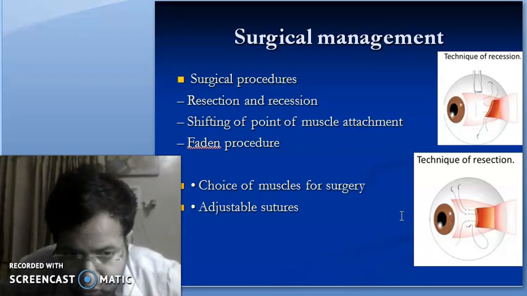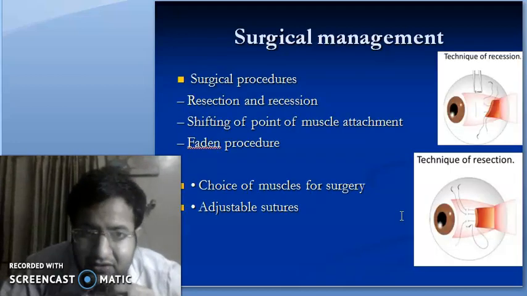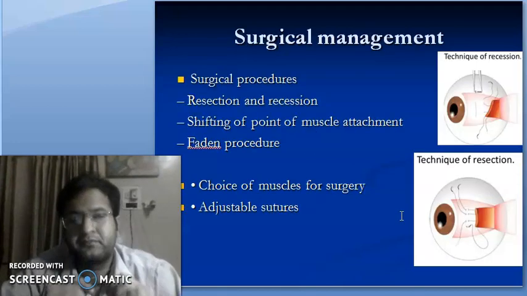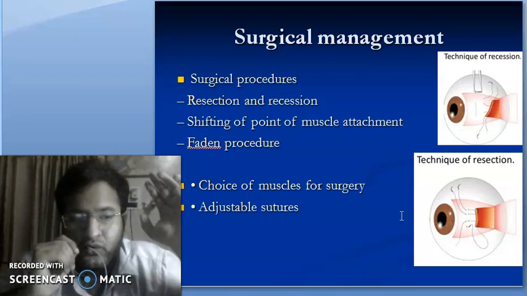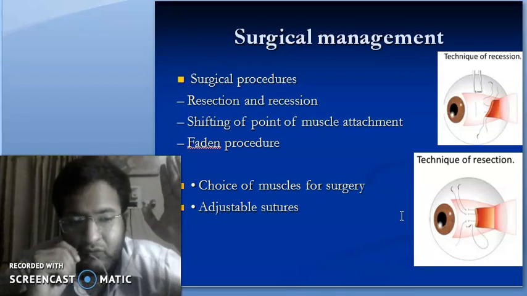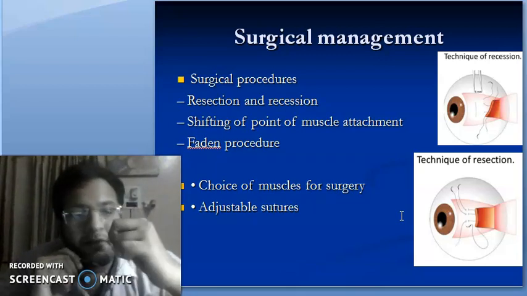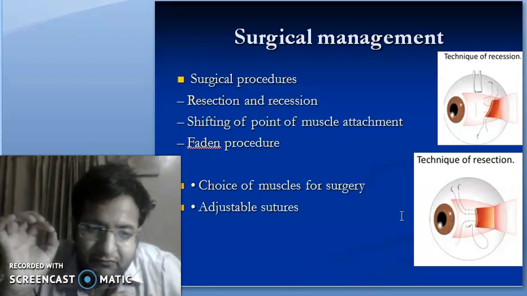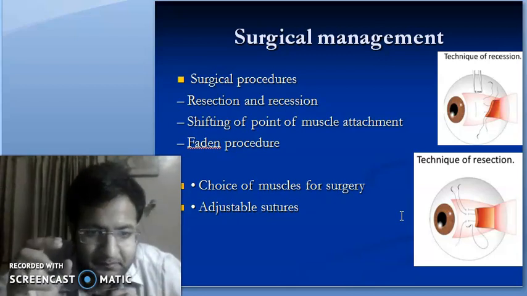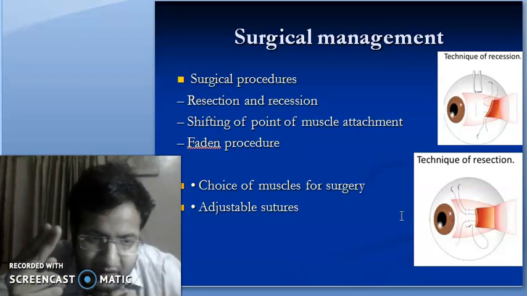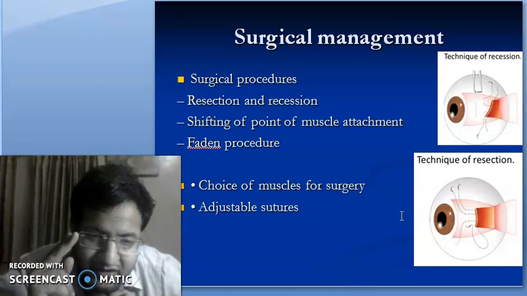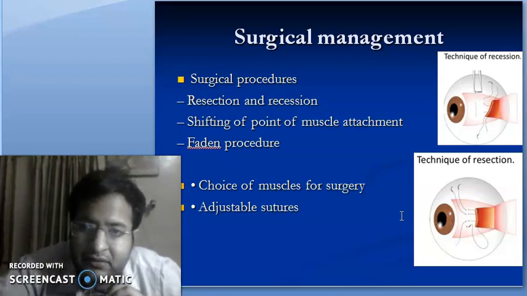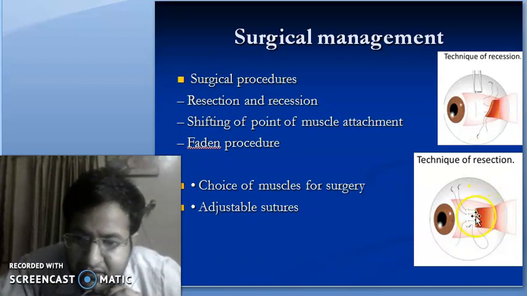Okay. How do we surgically manage strabismus? This is the last slide. So, we have to just remember the basic concepts at the UG level. When we are cutting the muscle tendon and fixing it on the same location, that is resecting the muscle.